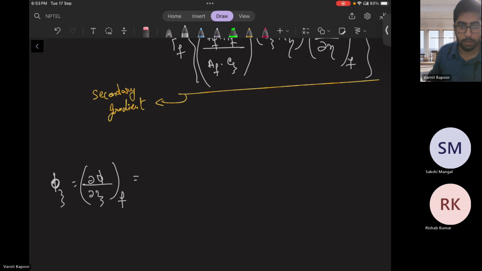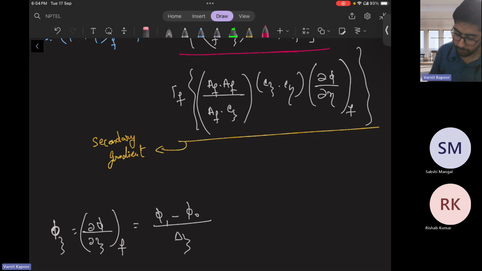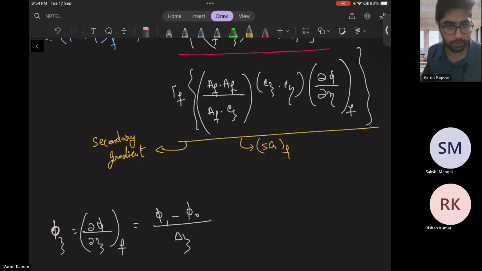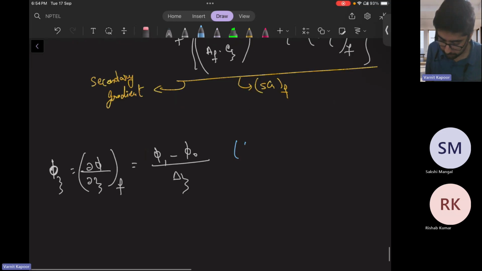By linear profile assumption, your zeta is connected with C1 and C0, so it is phi 1 minus phi naught over del zeta. And suppose we assume that this whole term is SG_f. We call this term the secondary gradient at the phase. Here we have applied the linear profile assumption.